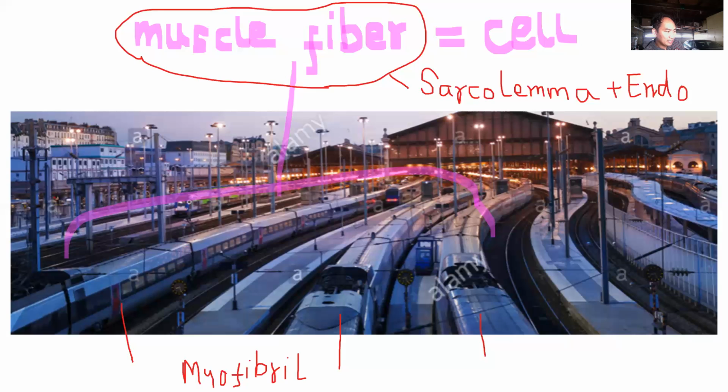So a cell has cytoplasm and cell membrane. A muscle fiber has sarcolemma and endomysium as a membrane, and inside there will be myofibrils. Myofibrils are made of sarcomeres.